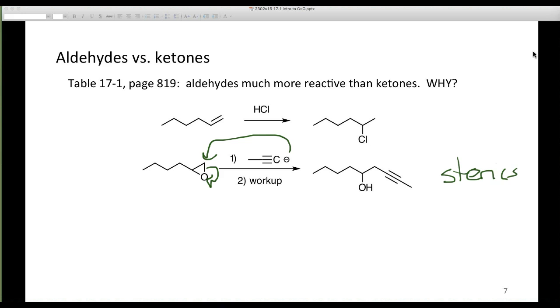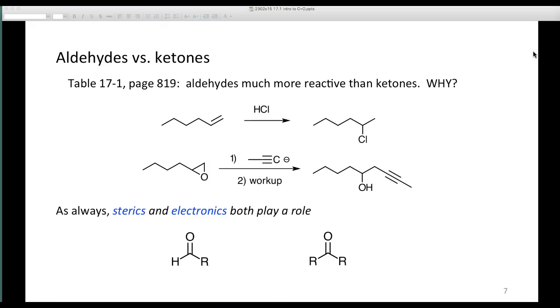Under these basic conditions, it's governed by how quickly can my acetylide attack. And it can attack the terminal carbon much more quickly than the internal carbon. Up here, the selectivity was due to electronics. And you know what? It's always sterics and electronics in OChem.